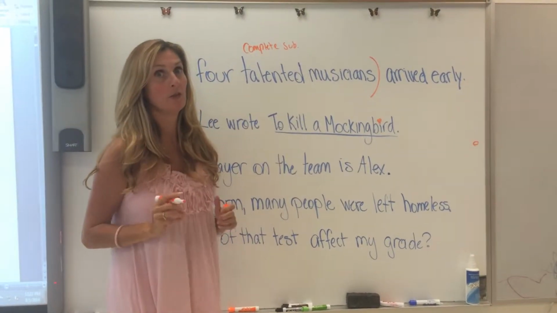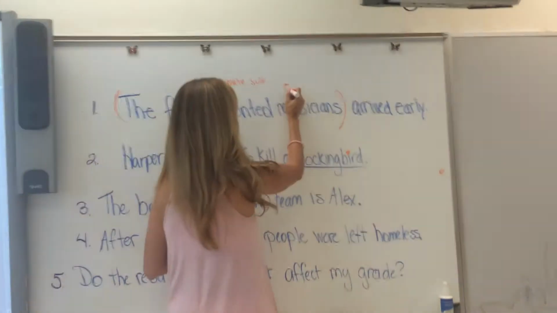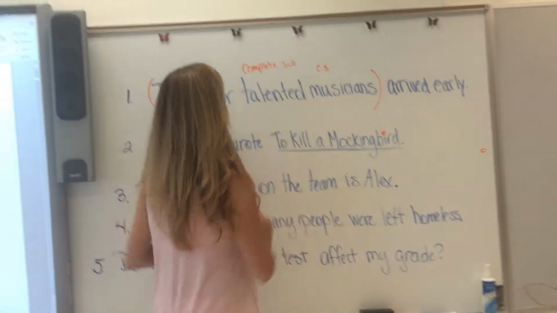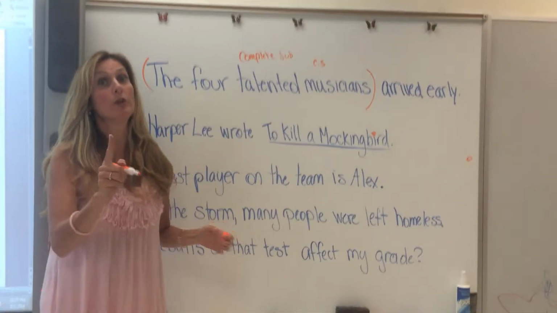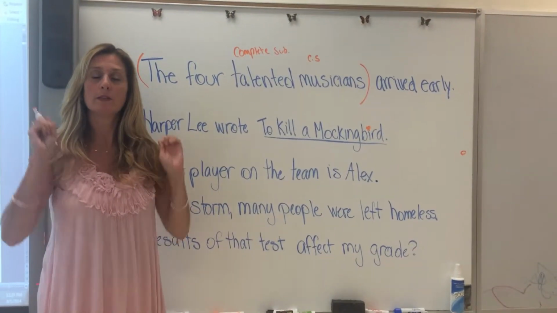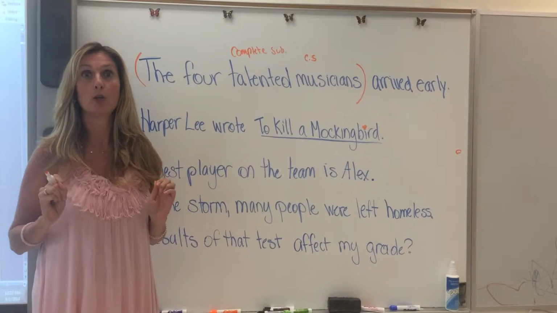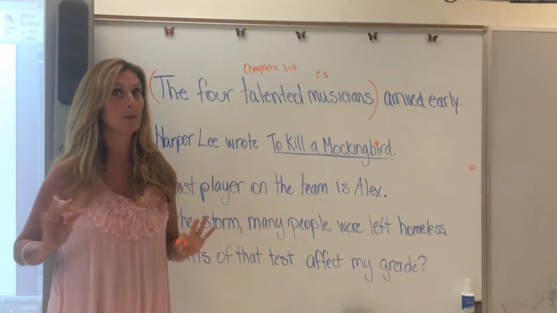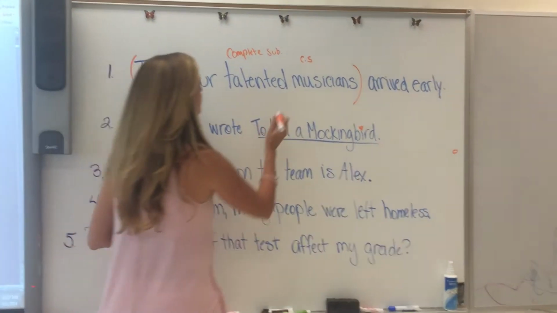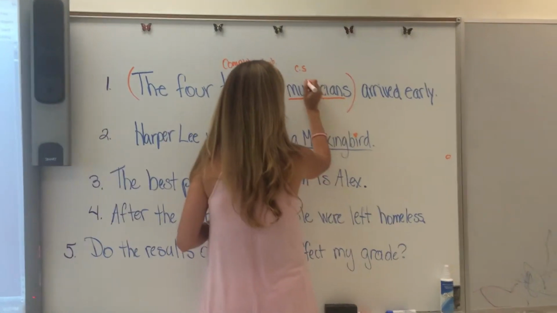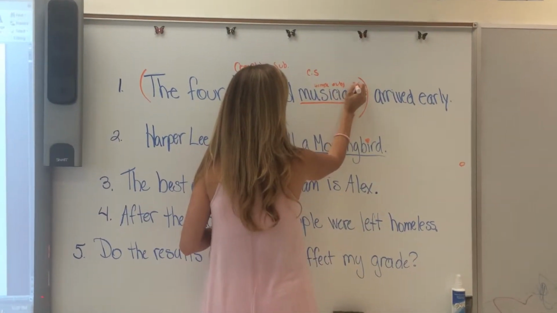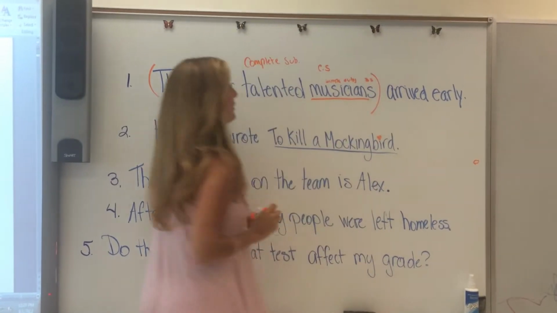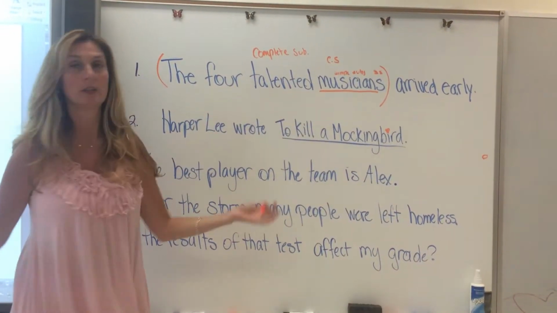Okay, going forward, I'm just going to write CS. This whole thing, 4 talented musicians. Now, if I'm going to say to you, I need one word, simple one. What is the one word that's going to tell me who arrived early? If I can only pick one, all right? Musicians. Musicians, that is our simple subject. Going forward is going to be SS. Okay, musicians arrived early. And that's it.